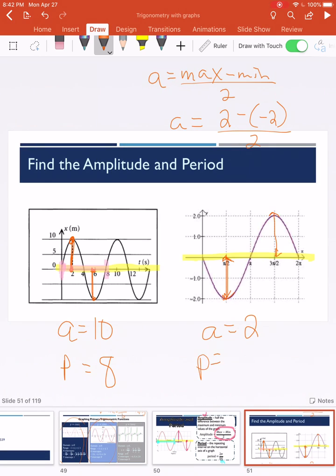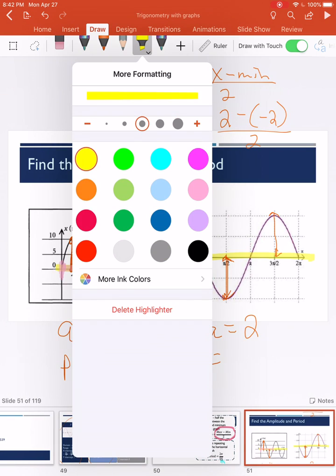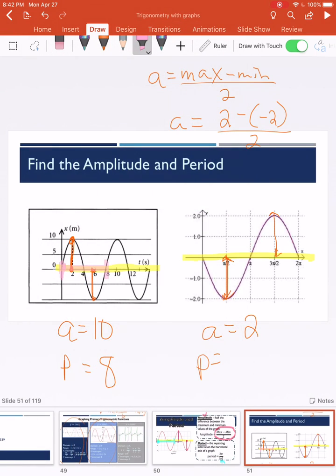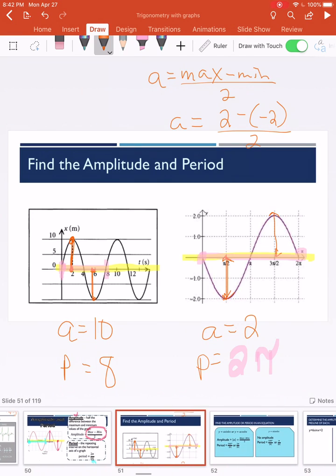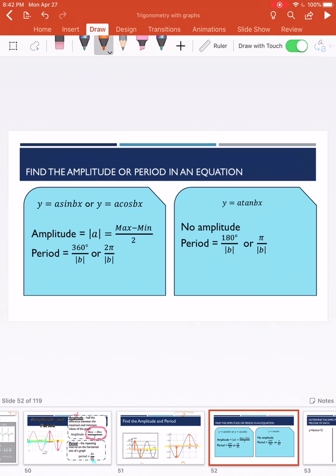Then the period of the graph, if I draw it on my graph here, I'm going to start on the y-axis, and then draw to where it starts to repeat on the x-axis. So it's going all the way over here, which is 2 pi. So the period of this graph is 2 pi. This just repeats what we already talked about.